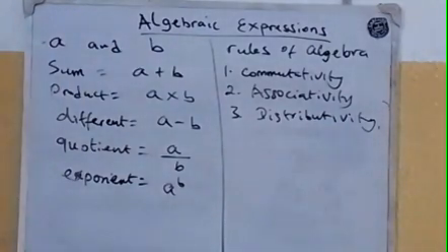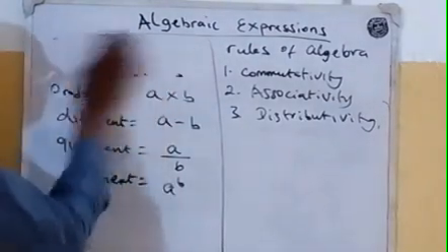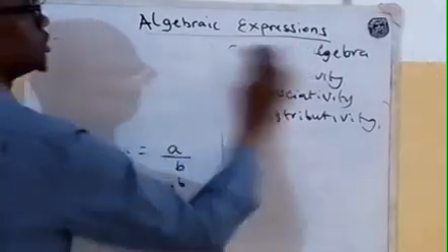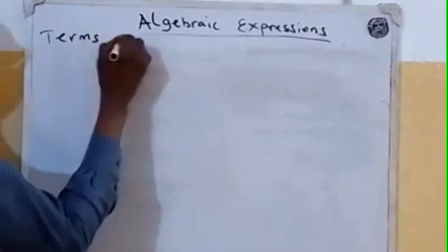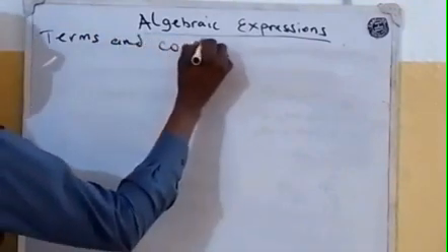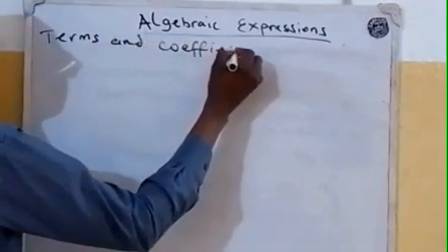So we will look at terms and coefficients. An algebraic expression consists of alphabetical characters and numerals linked together with arithmetic operators.